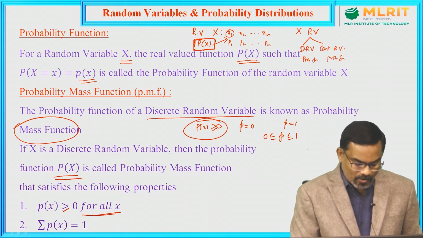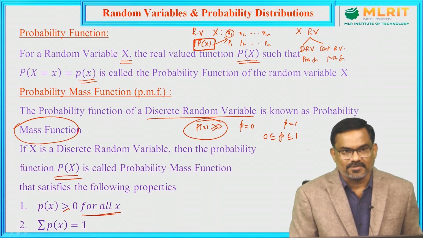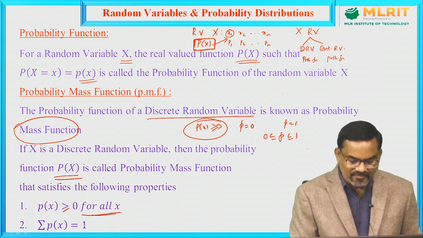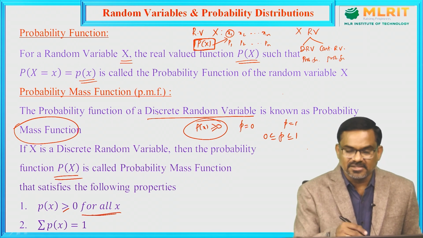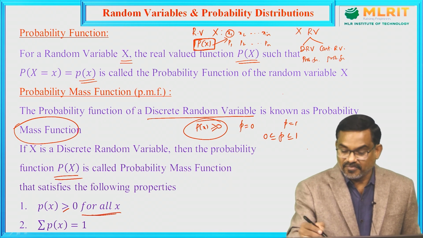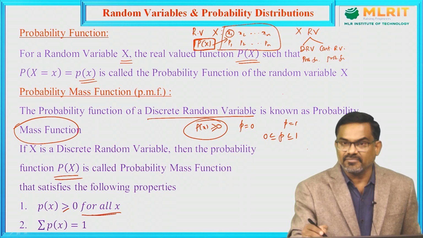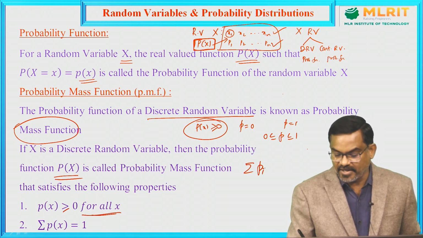So, the probability is a non-negative value for all x, and sigma p of x is 1. Since here the random variable is discrete, this comes under the discrete case and x takes a finite number of values. So, if x takes n values, there will be n probabilities. If you add all the probabilities, sigma pi will be 1.